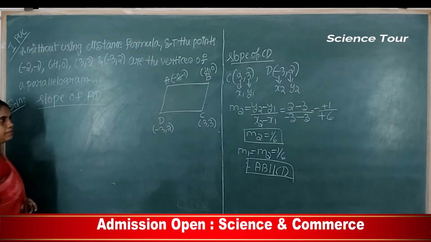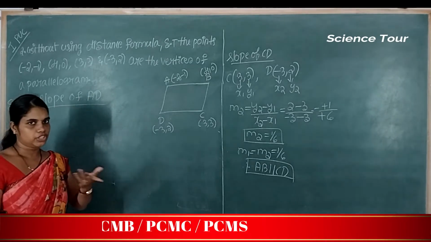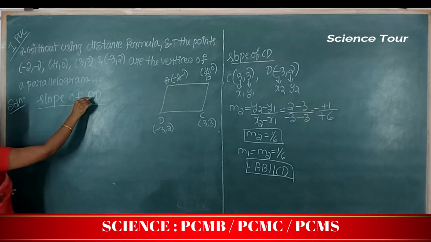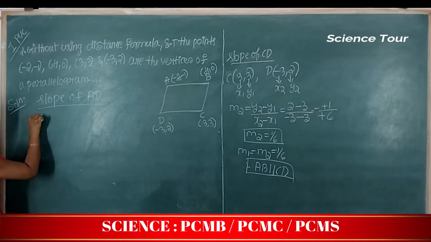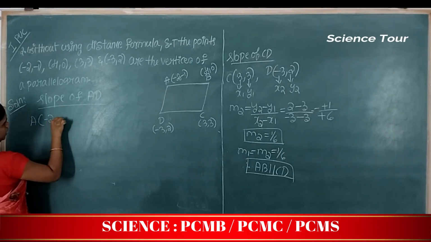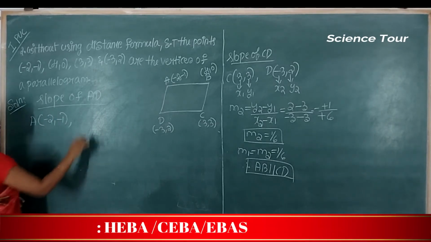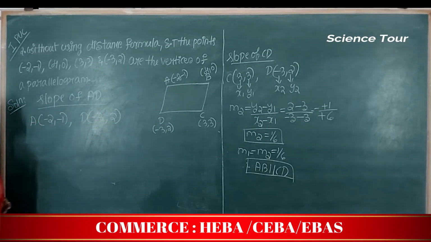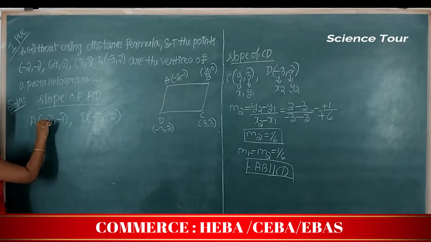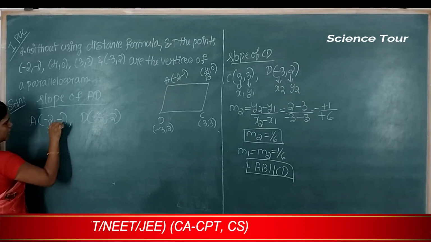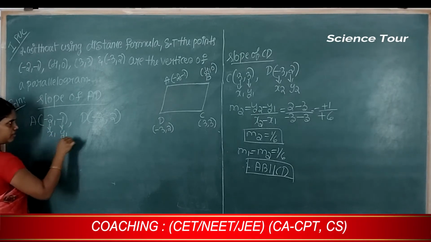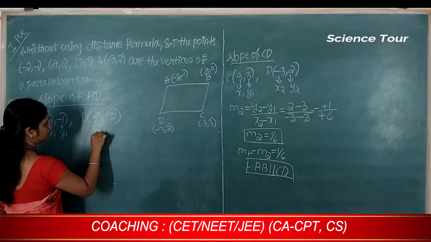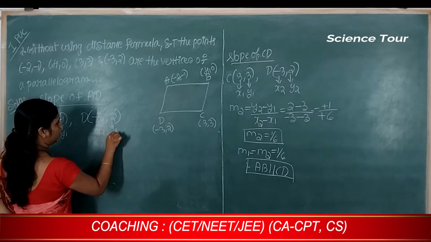While I am calculating the slope of AD, which 2 points I have to consider? Point A as well as point D. What is the coordinate of point A? Minus 2, minus 1. What is the coordinate of point D? Minus 3, 2. So consider this minus 2, minus 1 as x1, y1, minus 3, 2 as x2, y2.